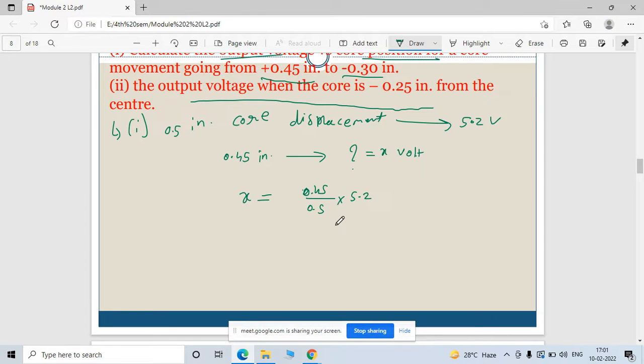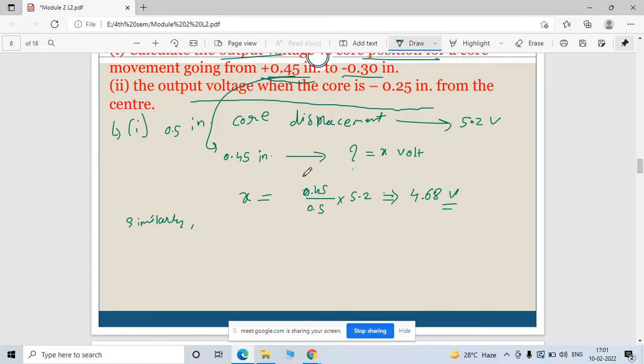Multiply these and you get some voltage here, which is nothing but I think 4.68 volt. So this is your first condition.